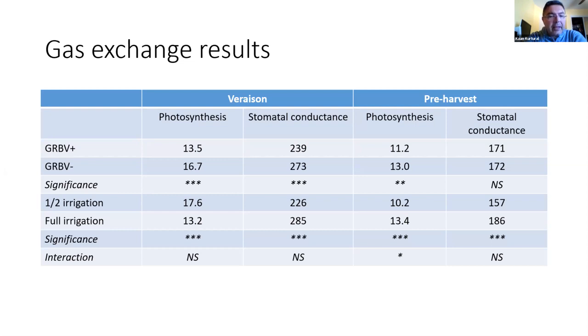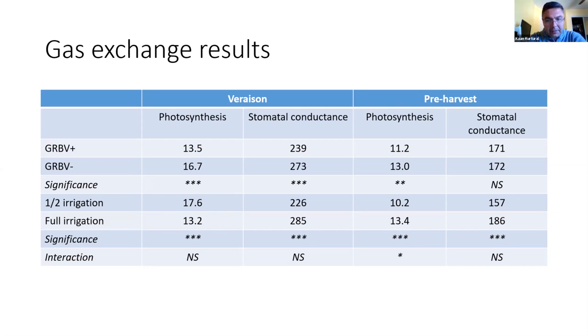When we look at the irrigation, at half irrigation we have a higher photosynthetic response, but a higher stomatal conductance at full irrigation. So we interpreted this as, if we applied half irrigation, there was a lack of carbohydrate. The plants were carbon starved in this case. It was calling for more photosynthesis or assimilates. However, we did not have an interaction at veraison.